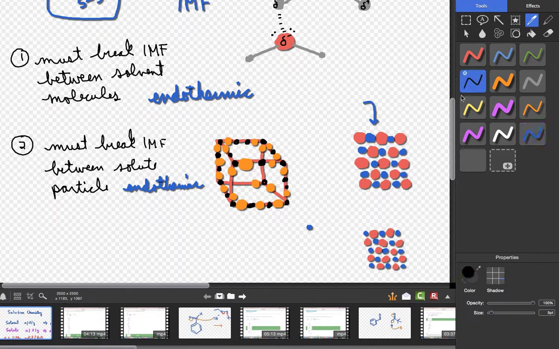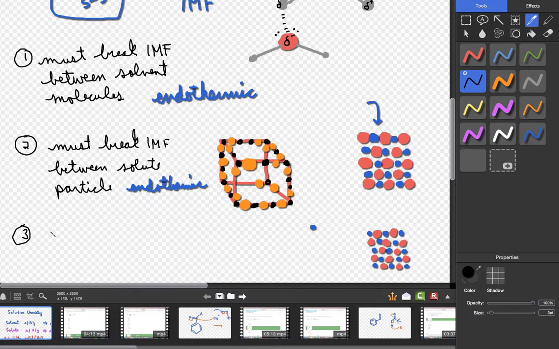The third step is that I will form IMF between solute and solvent.